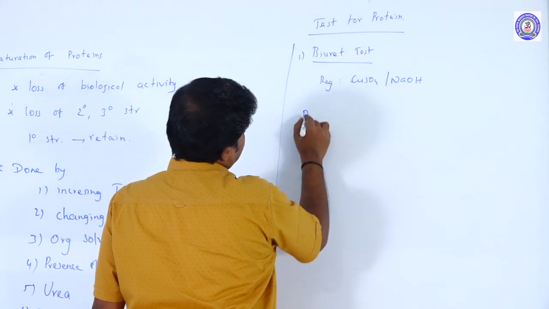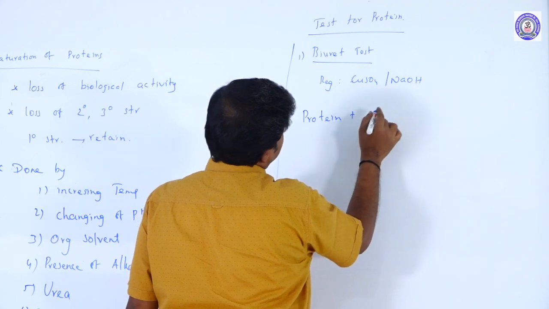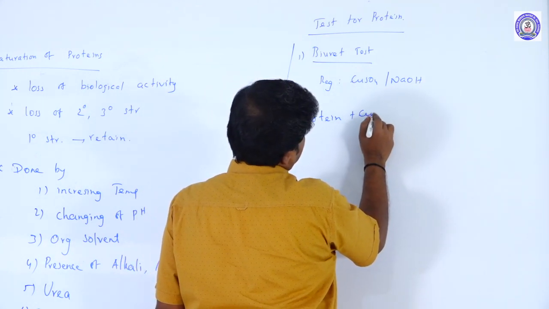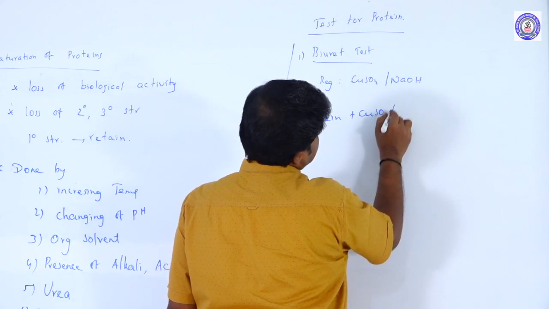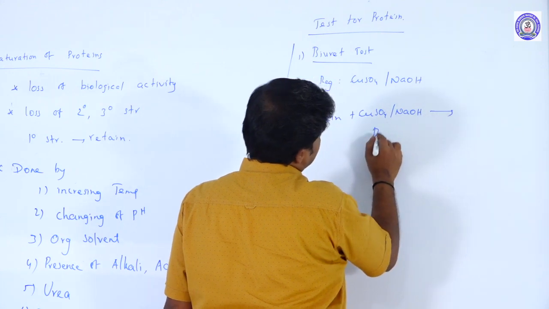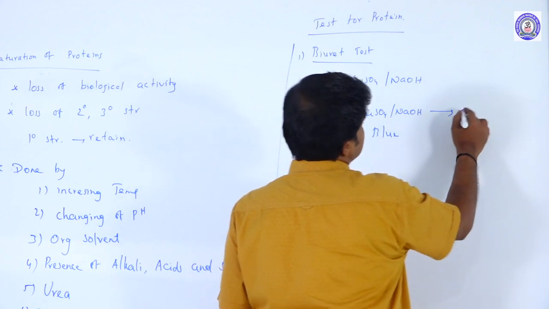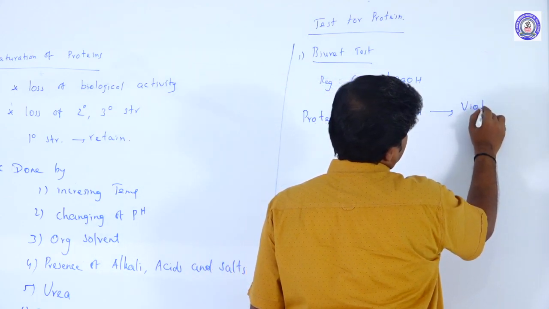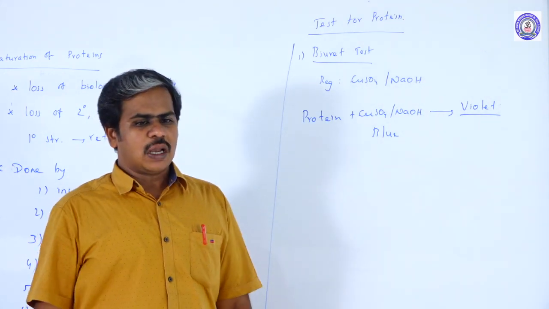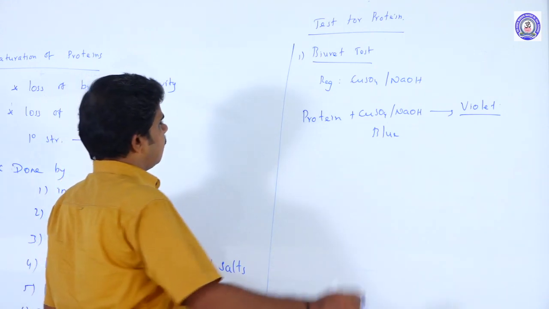Now we take a protein and add the copper sulfate in the presence of sodium hydroxide, that is, a basic medium. The blue color of copper sulfate changes into violet color, so that we may identify that it contains proteins.